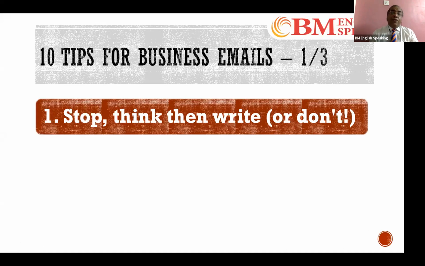So first of all, the first tip for you is: stop, think, and write, or don't write. Sometimes it's important that you talk to the person on phone. Sometimes it's important that you do a video conference or a video call or personal meeting with that person. So depending on the urgency of the situation, you should use the communication tool. So you should think before you start writing an email or a business WhatsApp message: am I using the right tool?